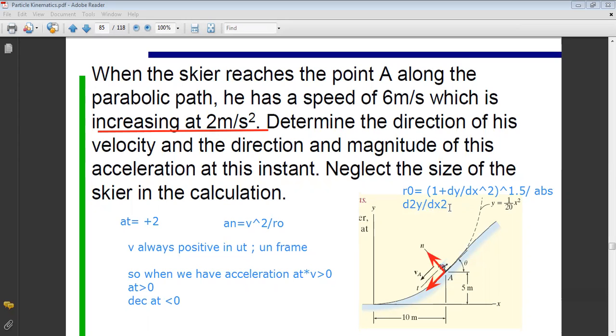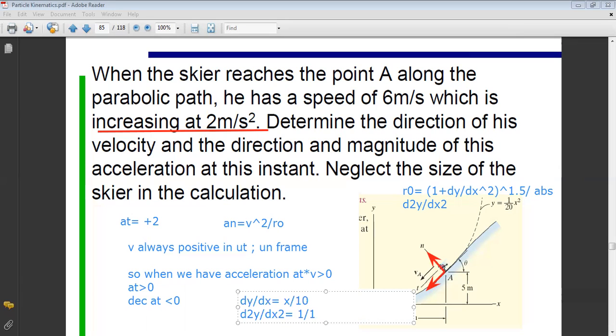We still need to find the second derivative. Since dy over dx is equal to x over 10, if I derive this relation again with respect to x, the second derivative d square y over dx square is 1 over 10.